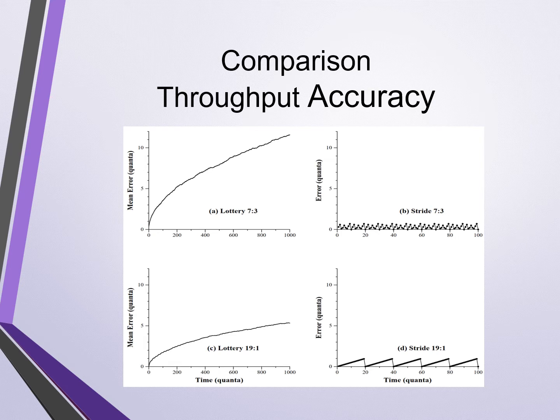Mean lottery error averaged over 1,000 separate 19 to 1 runs is in chart C, and chart D shows stride scheduler error for a single 19 to 1 run. Again, much improved. The randomized lottery scheduler shows significant throughput accuracy error, whereas the deterministic stride scheduler, again, exhibits precise behavior.